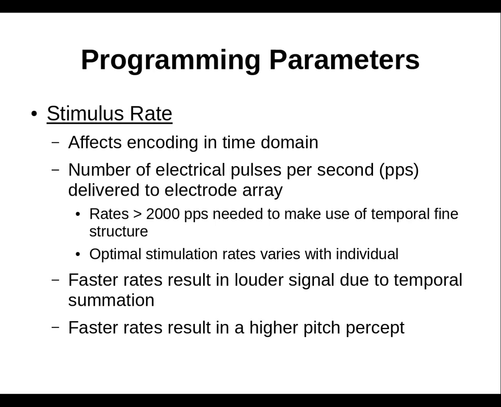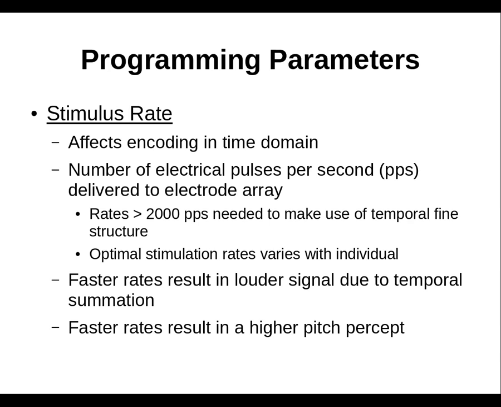The earliest multi-channel cochlear implant systems used fairly low stimulation rates, say maybe less than 500 or less than 250 pulses per second. This will still allow the cochlear implant recipient to receive information related to the temporal envelope of the signal, but it doesn't allow information related to the temporal fine structure.